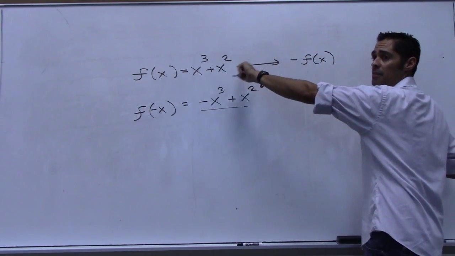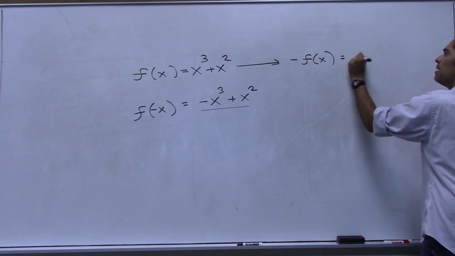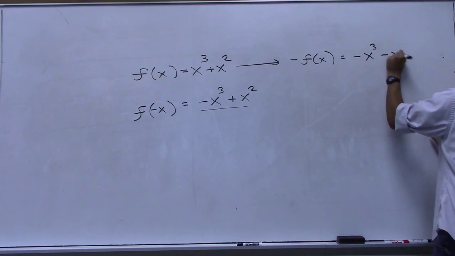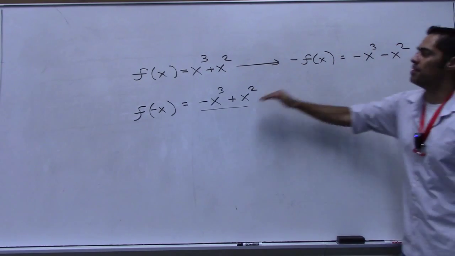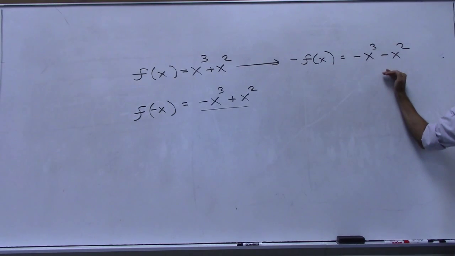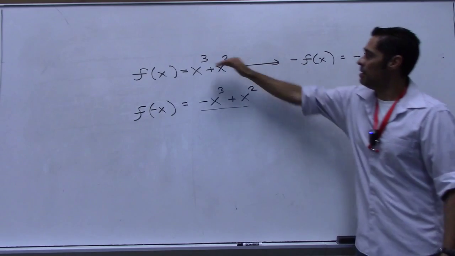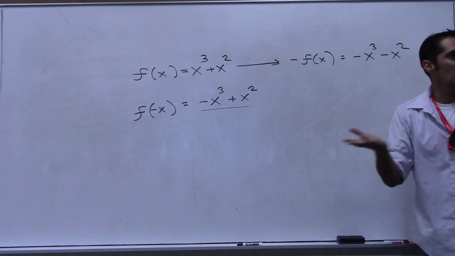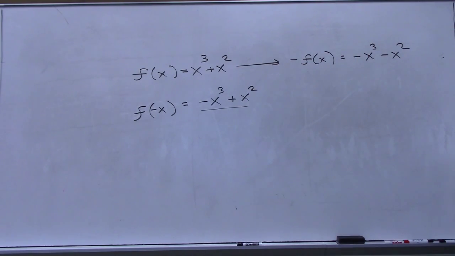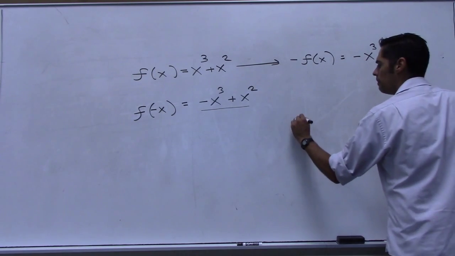So change the sign of the original function. Wouldn't that be negative x cubed minus x squared? Are these two the same? No. So if these two aren't the same and these two aren't the same, you've checked even and odd right there. It's neither. All right? Neither.